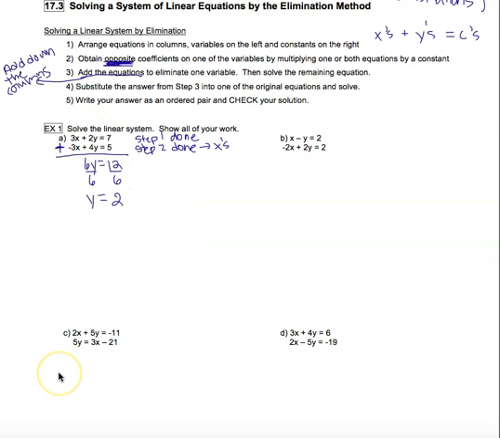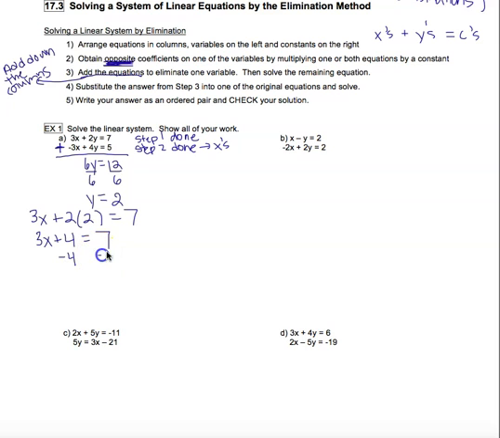I generally choose the one that either has smaller numbers or has fewer negatives. That's up to you. I'm going to choose the top one this time. So we have 3x plus 2 times, instead of y I put 2, equals 7. 2 times 2 gives me 4. So I have 3x plus 4 equals 7.